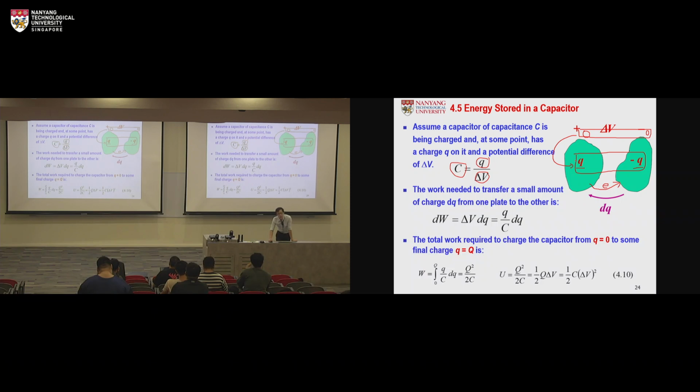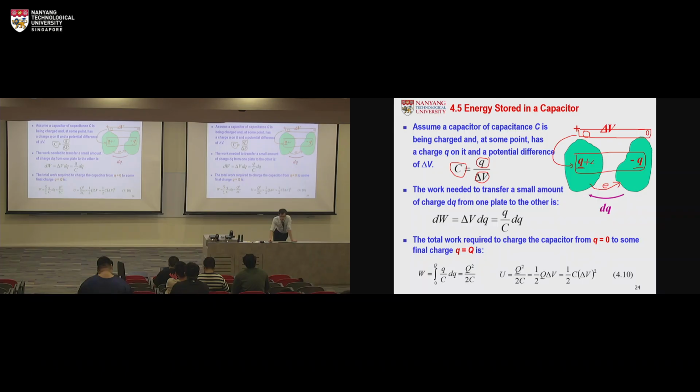And of course, this process will accumulate certain energy, electrical potential energy between these two conductors. So now we can look at it in this way, if from here is minus Q.